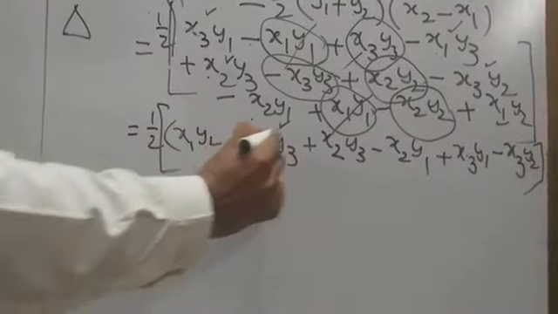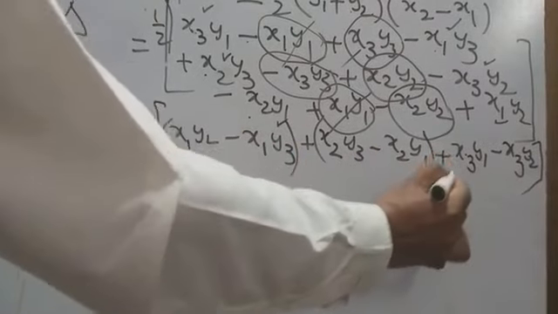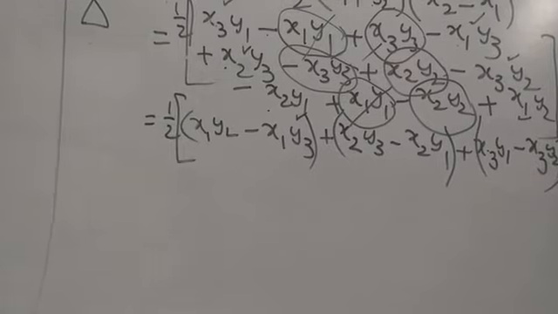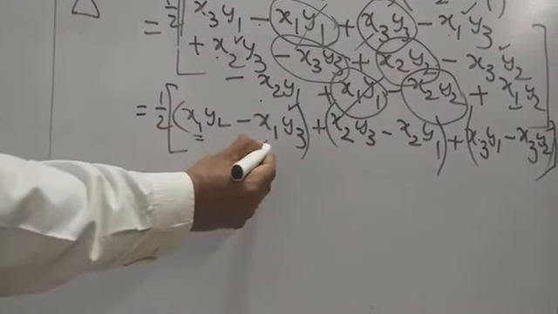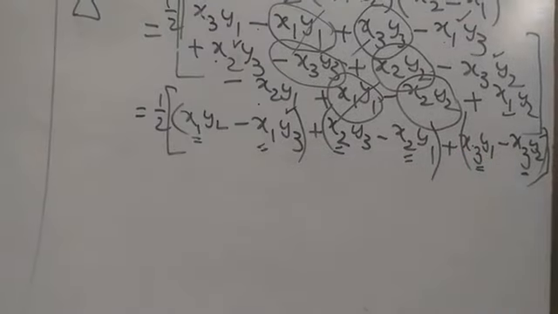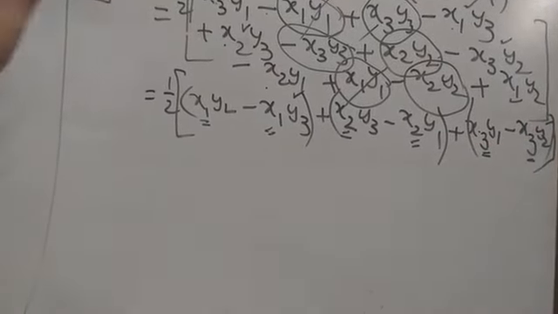Now if you observe them, arrange them as pairs. Among these three pairs, if you observe, x1 is common, here x2 is common, here x3 is common. That is the intention to write them as pairs.